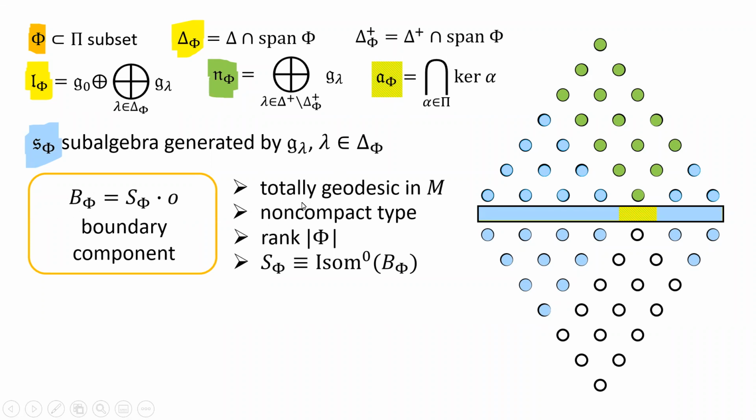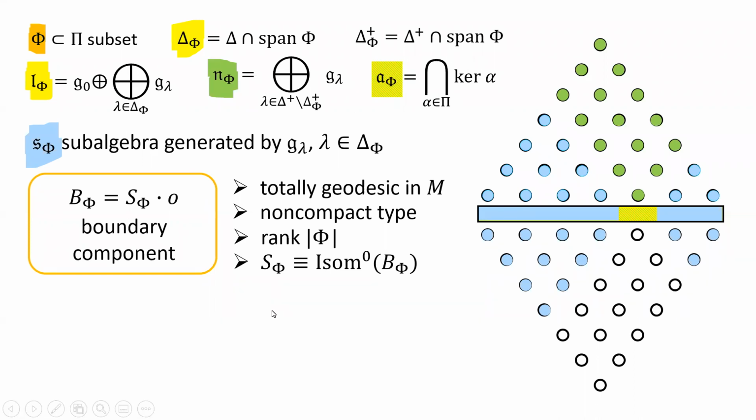It is a totally geodesic submanifold, and therefore it's a symmetric space itself. In this case, of non-compact type, so it doesn't have abelian factors. Its rank is the cardinality of phi, and the connected component of the isometry group is, up to covering, S phi. So B phi is S phi mod the isotropy.